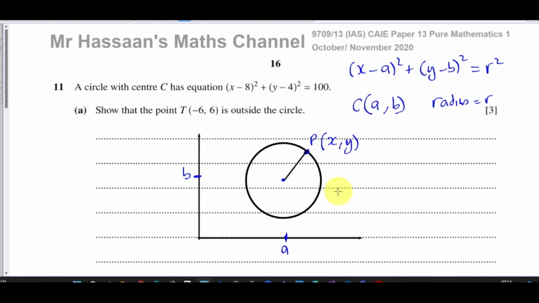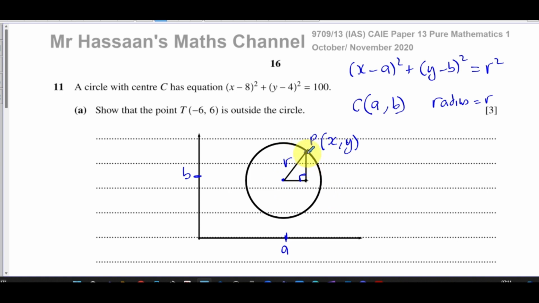Now, what I can do here is draw a right angle triangle in this circle from the radius down to the center like this. This right angle triangle here. Now, this is the radius of the circle.